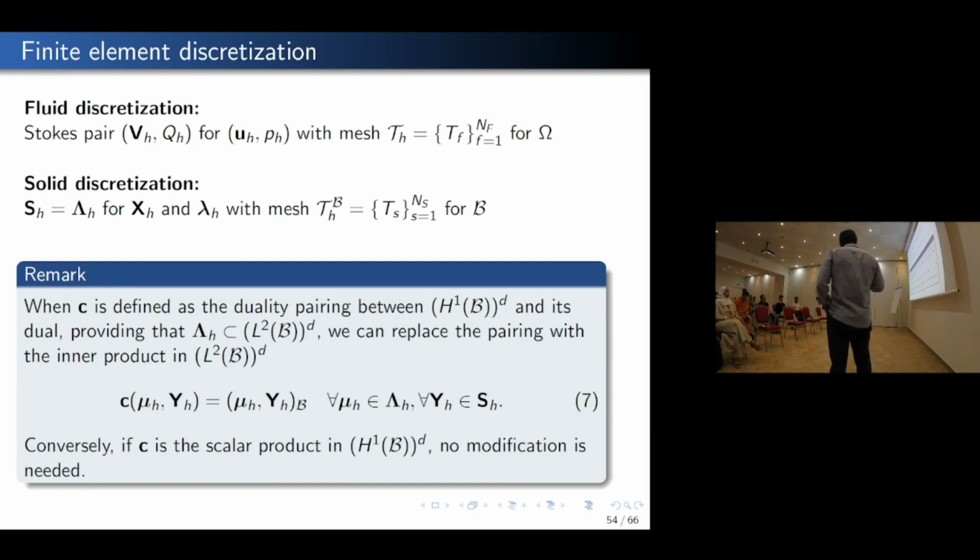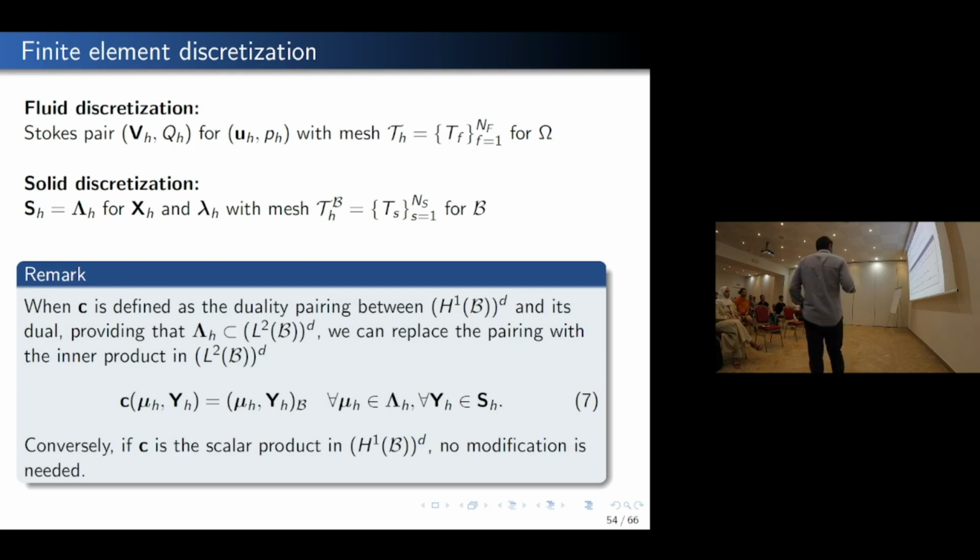For the solid discretization, we assume that S_H, the space for the discrete displacement X_H, is equal to capital Lambda_H, the discrete space for the Lagrange multiplier. We define them on a mesh T_H^B defined on the reference solid domain. We assume that T_H and T_H^B are made of triangles.